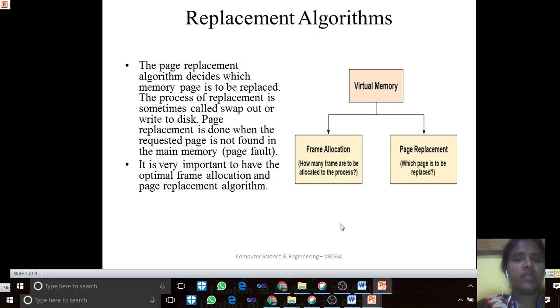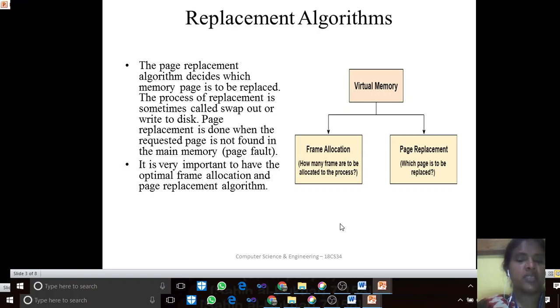Replacement algorithms. When do you think a replacement algorithm is used? This is an algorithm used to replace a block from the cache when the cache is full. When a processor needs some instruction or block which is not present in the cache and the cache is also full, the required block is present in the main memory.